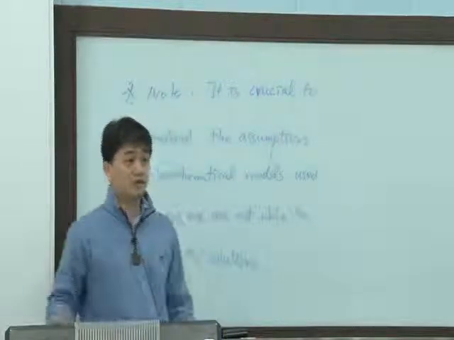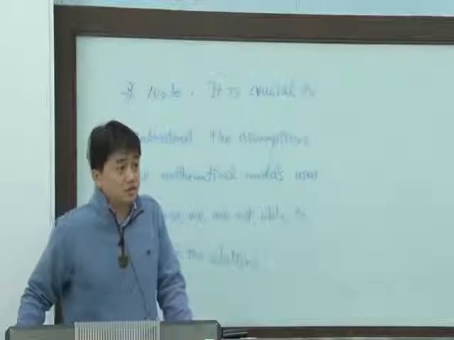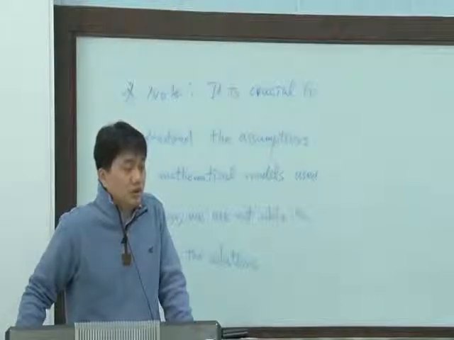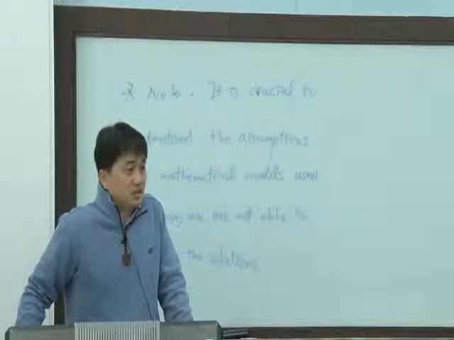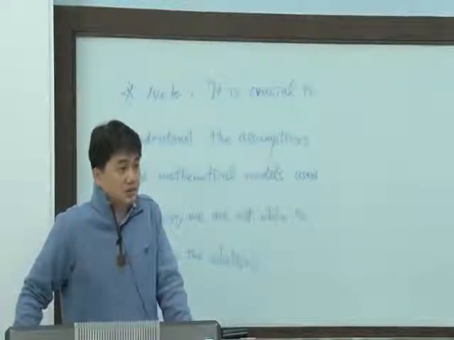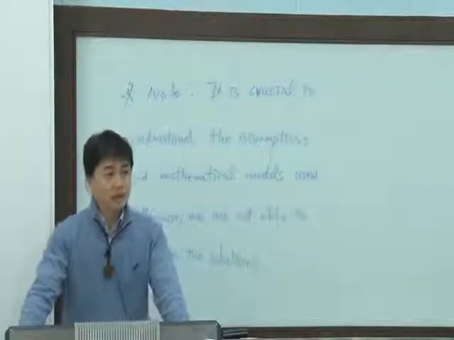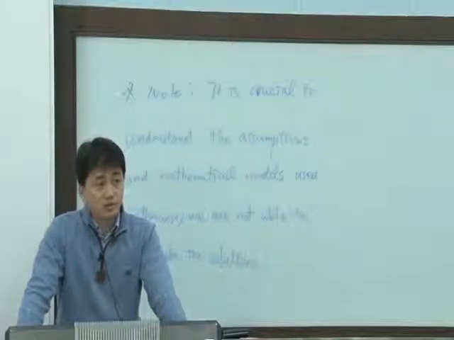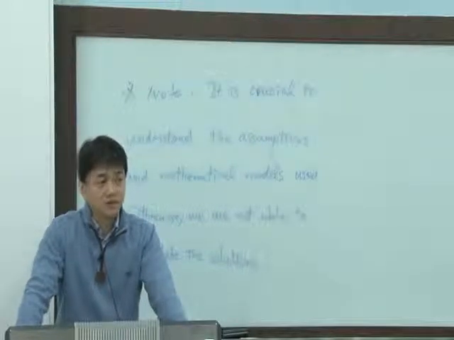It's just a solution of the mathematical model. So if the mathematical model and assumption is limited or not proper, the solution is also not proper. I mean the solution cannot show the real phenomena.